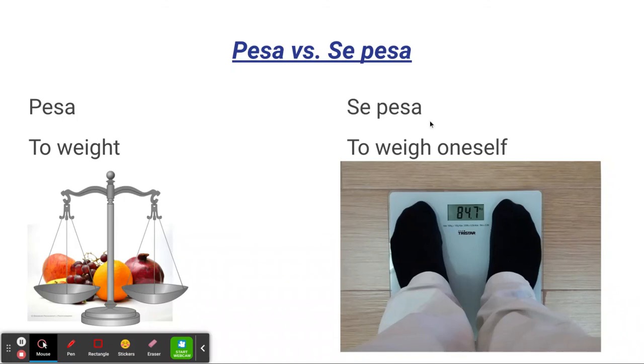If he or she was to weigh themselves, se pesa. If we were all to weigh ourselves, nos pesamos. Okay? So just by placing the reflexive pronoun in front of a non-reflexive verb, we can make it reflexive.